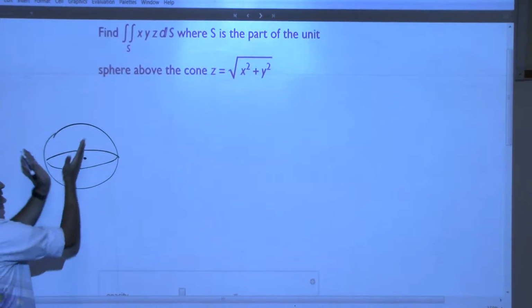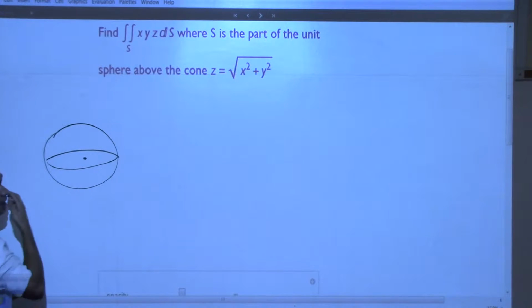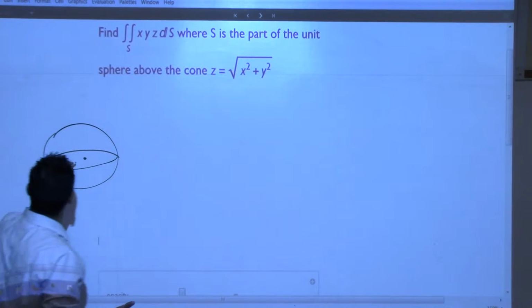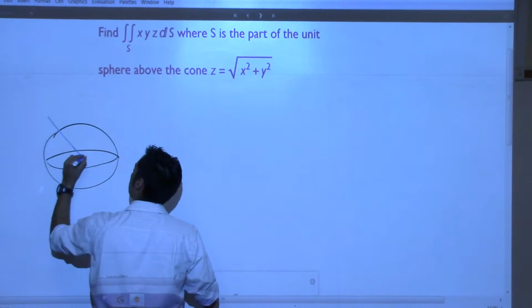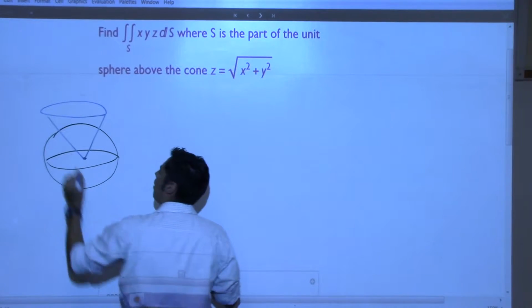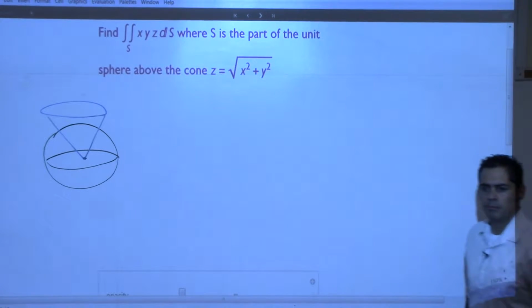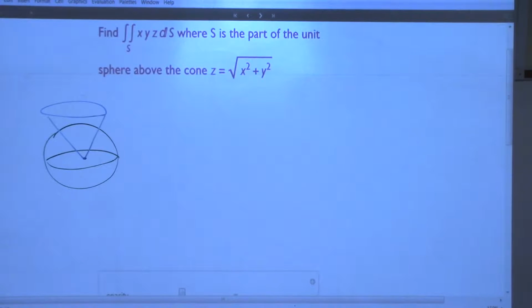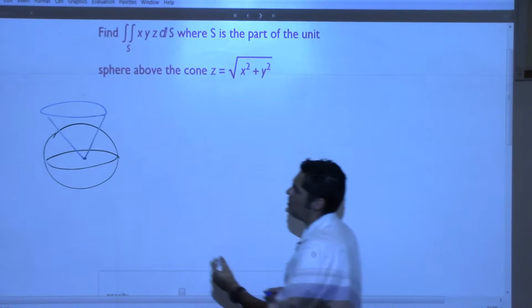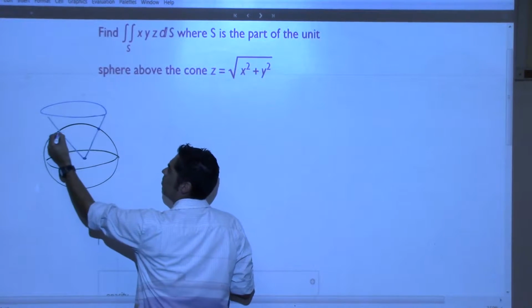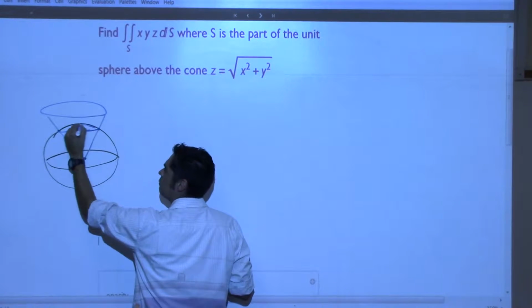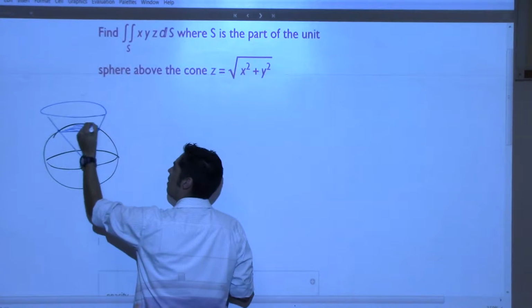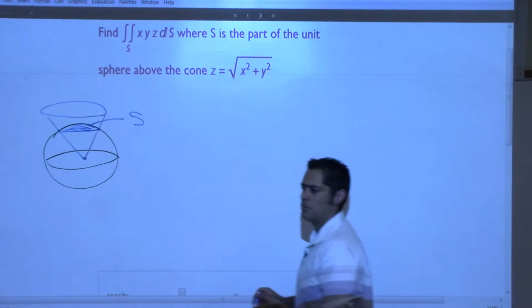You should have a V, and then if you let x be 0, you should get the same thing, right? So it's going to look like there's your cone, right? Understand? So we're looking at where this cone punches out of the sphere. It should create this little cap up here, shouldn't it? And that right there is our S.